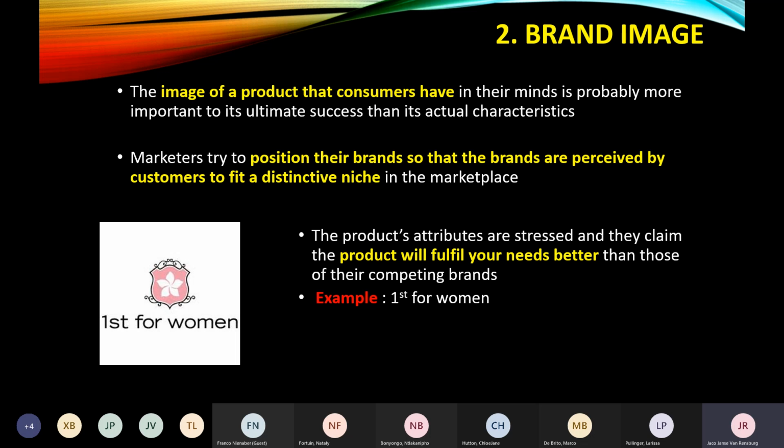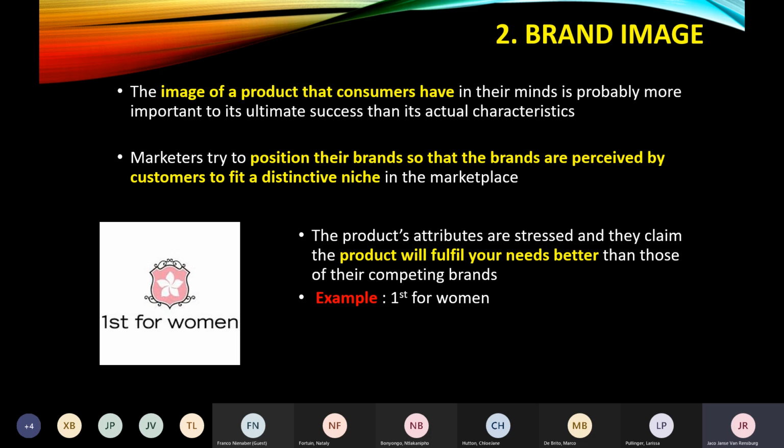Products' specific attributes are also stressed in a particular commercial, for instance, and they claim that the products will fulfill the needs better than the competitors will. And I know that First for Women specifically is not necessarily in competition with other insurance companies, but they have targeted a specific niche market.